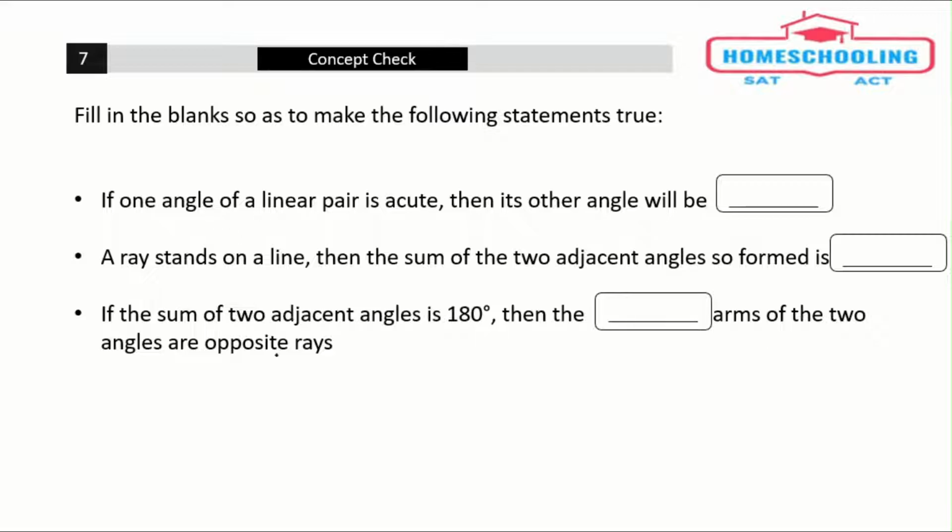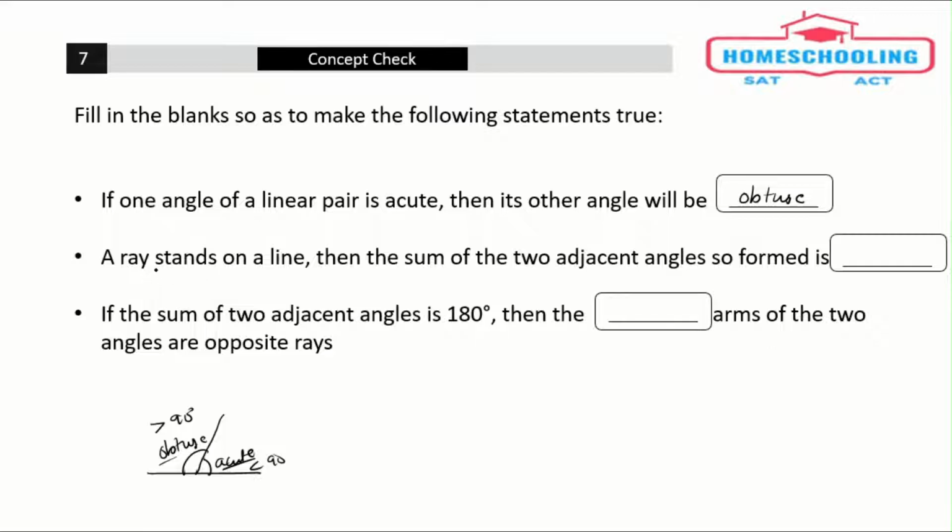If one angle in a linear pair is acute, and if this is acute, then the other angle would be obtuse. If acute means less than 90 degrees, then the other angle would be greater than 90 degrees, that is obtuse. So we have to write here obtuse.